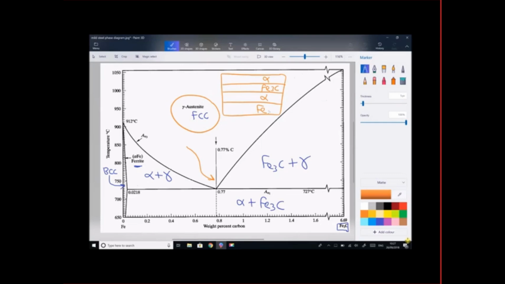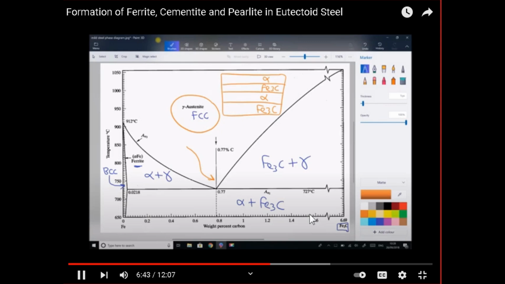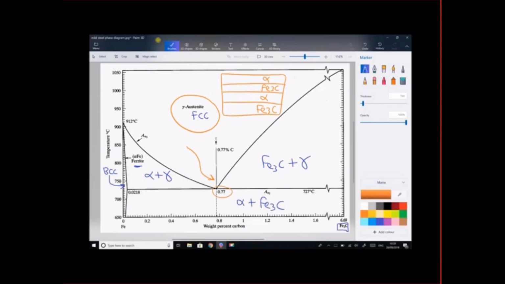So we have pearlite with alternating layers of alpha and the ceramic material iron carbide. Very similar to our eutectic point where we went directly from liquid to solid, here we're going directly from gamma FCC into alpha BCC plus cementite. The important things to point out there is that the percentage of carbon is 0.77%, and the transformation is occurring at 727 degrees C. So the lowest temperature, the FCC will go to BCC, or BCC will go to FCC, is 727 degrees.